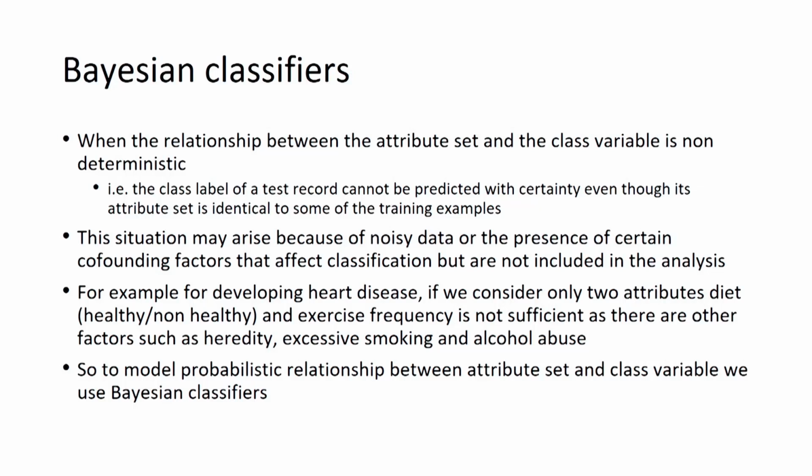Suppose you have a few instances in your data set, and for all these instances your independent variable values are the same, even then your dependent variable values may be different, because there may be some confounding variables that are not in the data set. So, this relationship is a statistical relationship, and that is why we use probabilistic techniques, that is Bayesian classifiers, for classification.